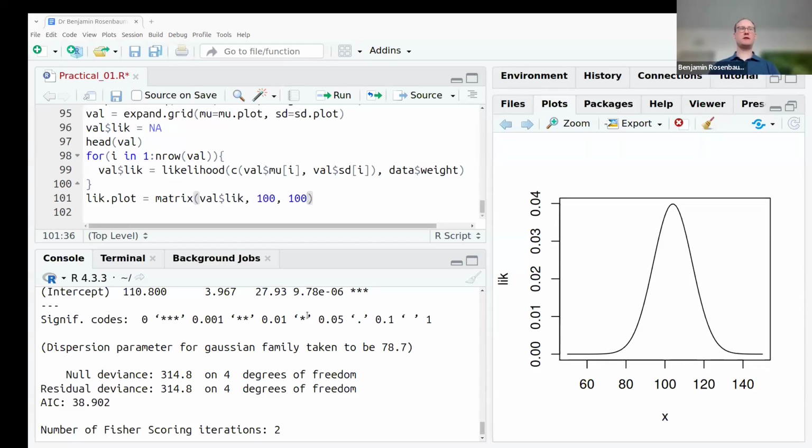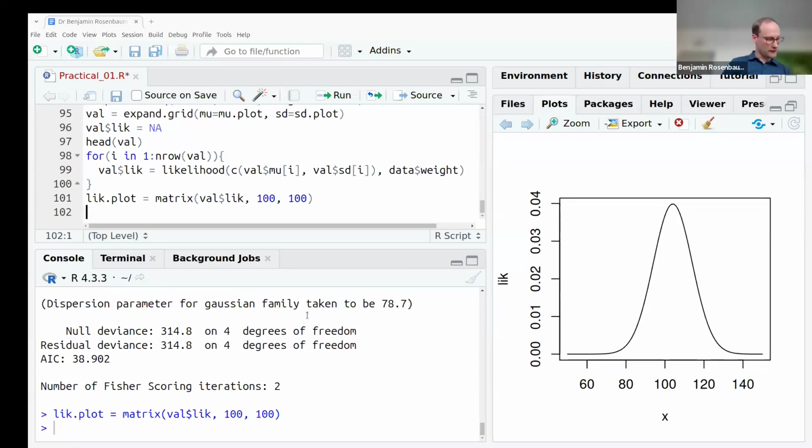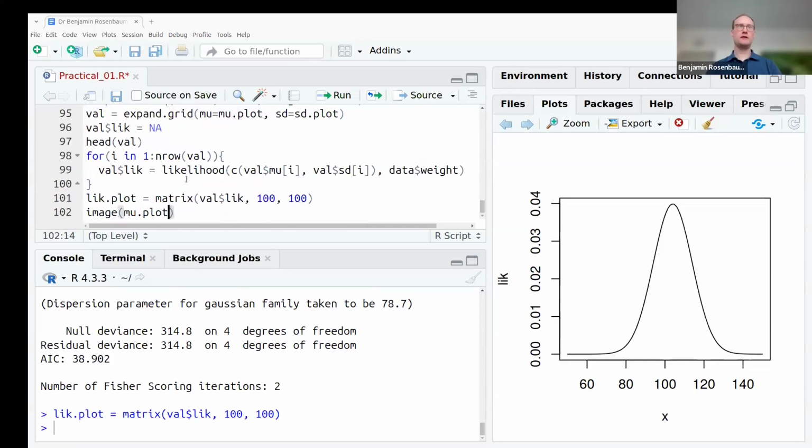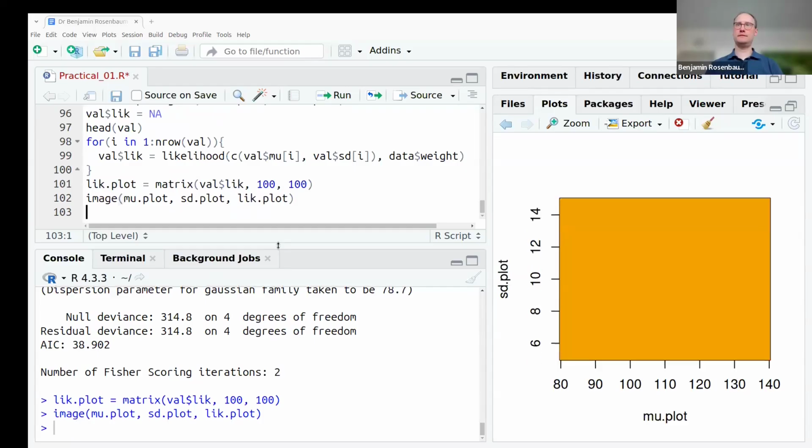Dimensions is 100 times 100, and I think then we can finally plot this. Plotting two-dimensional stuff is always a bit tedious, not as easy as with one-dimensional stuff, so you have to put all of this in the right matrix form. But this should do it now. Oh, that doesn't look good.